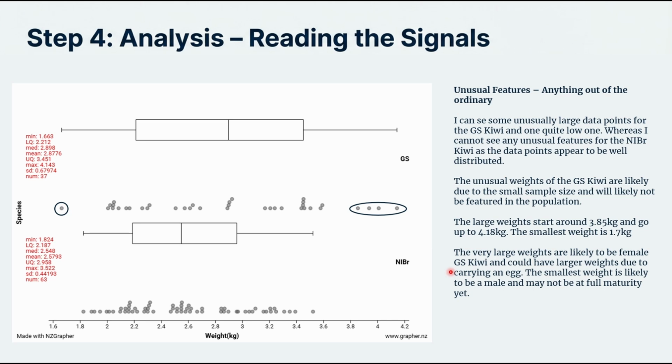In our case, having very large data points in terms of the weight of kiwi birds, they could potentially be female and carrying an egg. And the lower one could be a male, not yet at full maturity. Which means that in the true population, we are likely to see more data points filling in the gaps and blending all of these data points together, and they will no longer be unusual features.